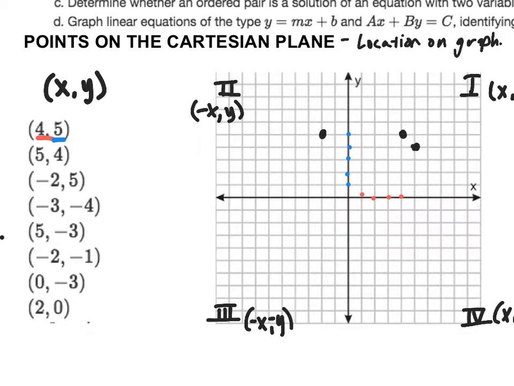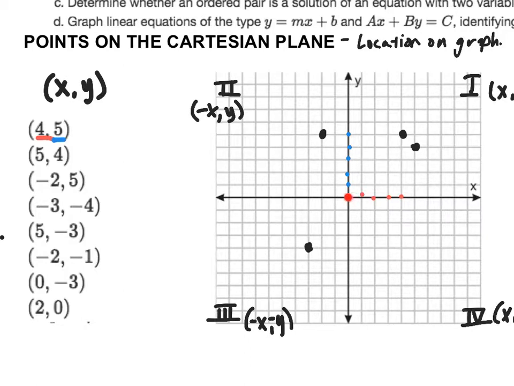On the next one, I've got the point negative 3, negative 4. So I'm going to go to the left 3, so 1, 2, 3, and then down 4. 1, 2, 3, 4. I'm going to plot my point there. On the next one, we've got the point 5, negative 3. And so I'm going to go over 5.